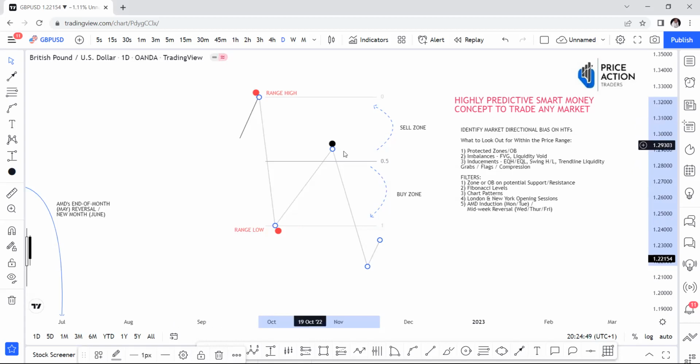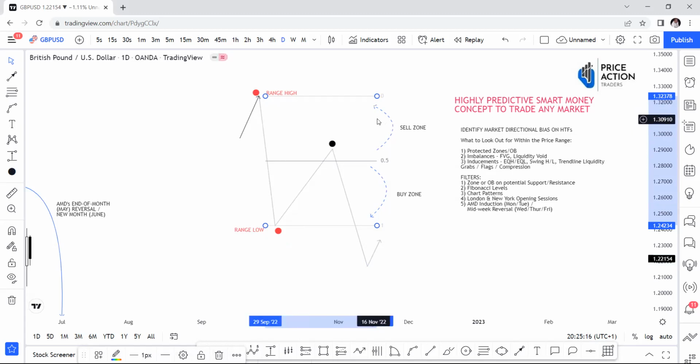Now you use your Gann box to identify the premium and the discount levels of the price, because institutions usually sell above the 50% midpoint and buy below the midpoint. So that's what I put here.